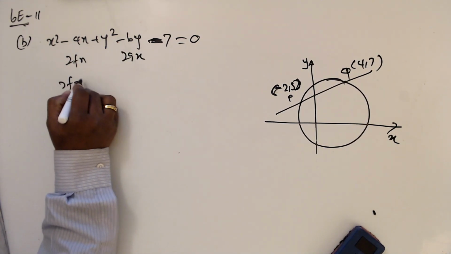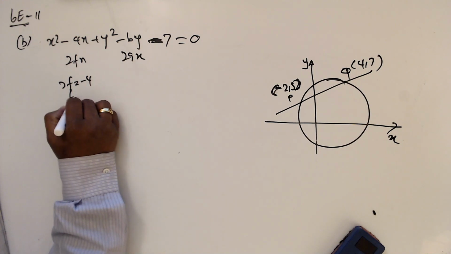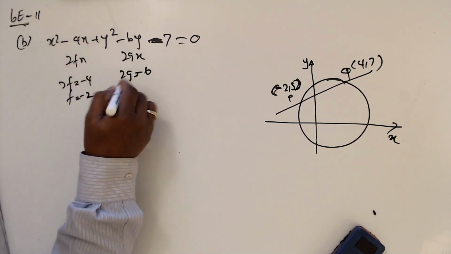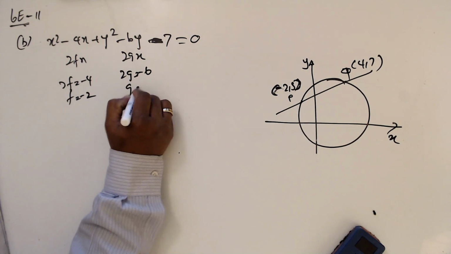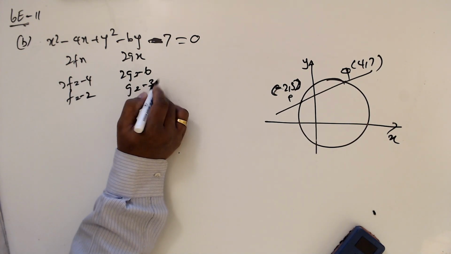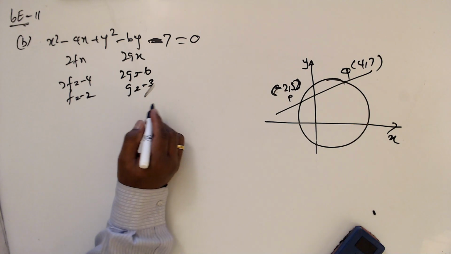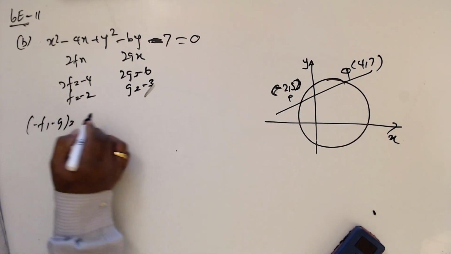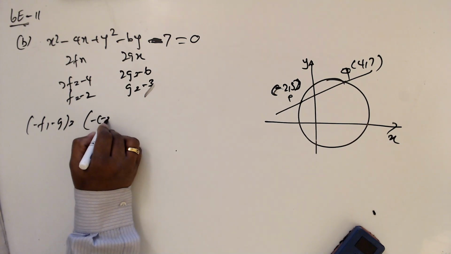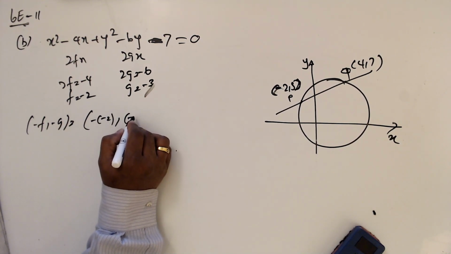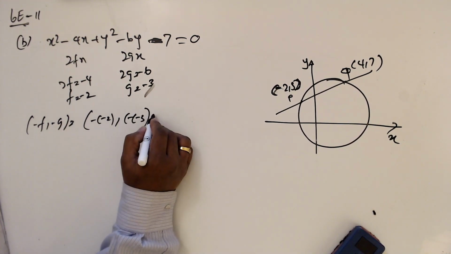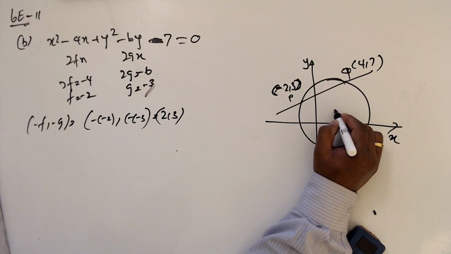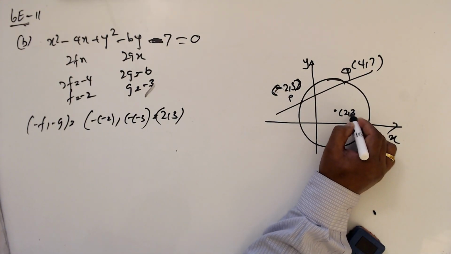So 2f equal minus 4, f equal minus 2, 2g equal minus 6, so I'm trying to find the center here. G equal minus 3. So then center is minus f, minus g. Minus of minus 2 and minus of minus 3. It means 2 and 3. Center is going to be 2 and 3.